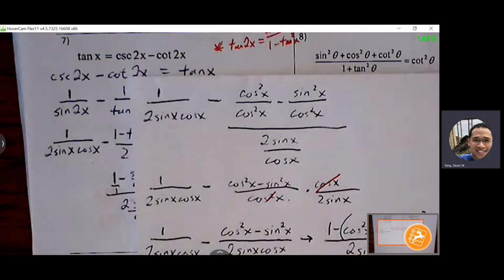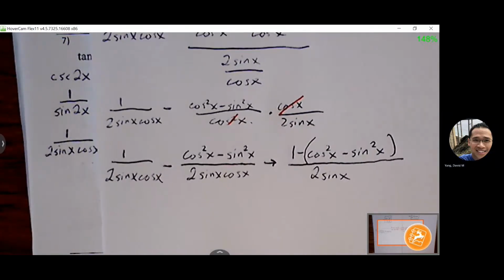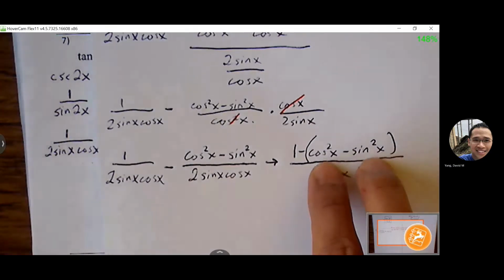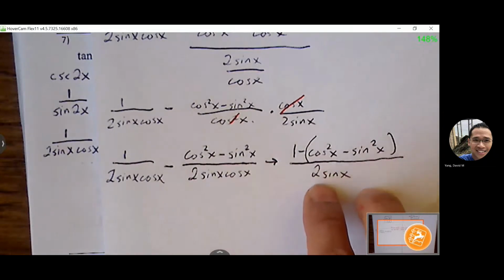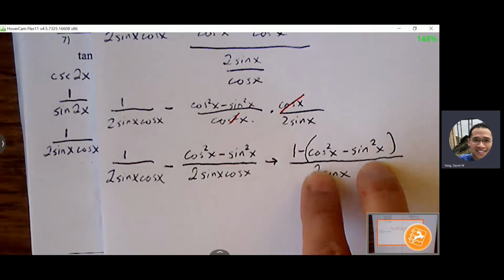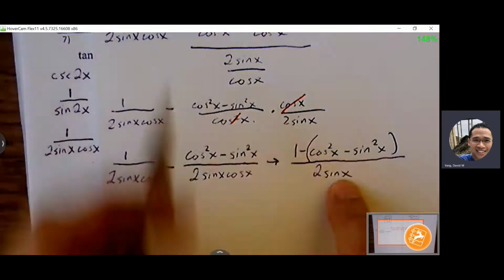And my goal is to get it to look like tangent of x. So if I can just get rid of all the cosines in the problem, maybe that'll get me to where I want to be. But I want tangent though. Let's see. Oh, sorry, there should be a cosine down here.